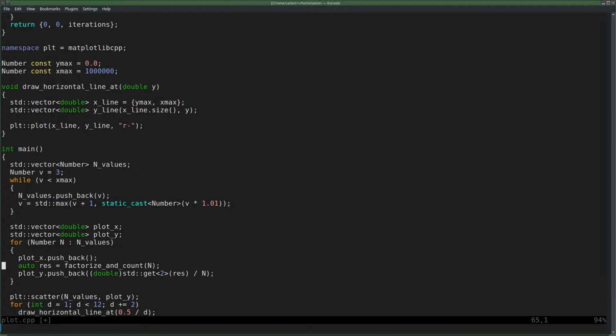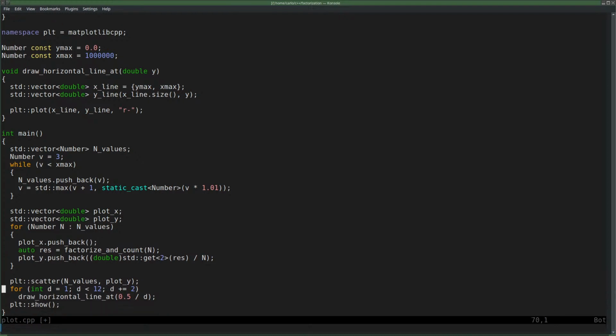Push back something, and then here we draw plot x. Okay, what I want to push back here is the logarithm of n. That should always work, I think, because n is just 3 or larger.